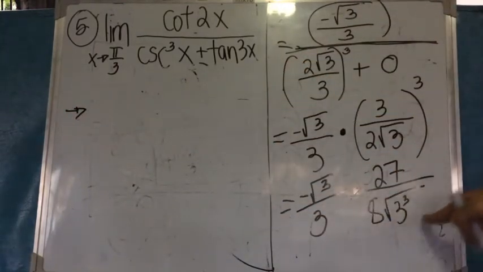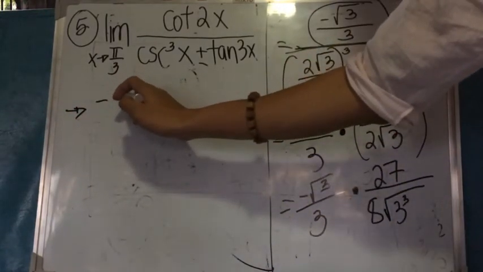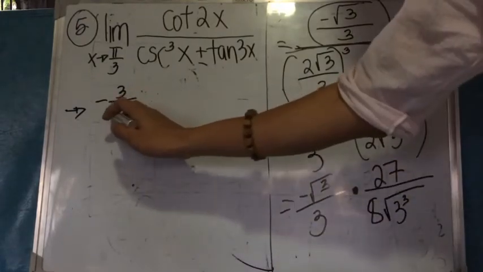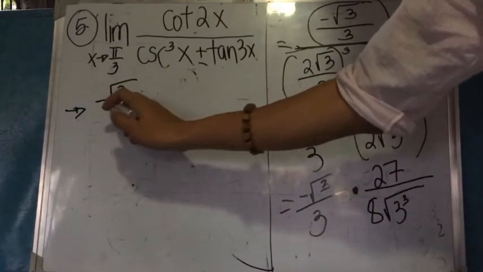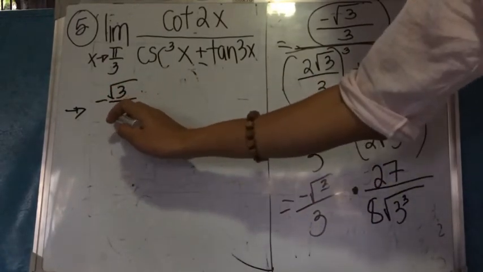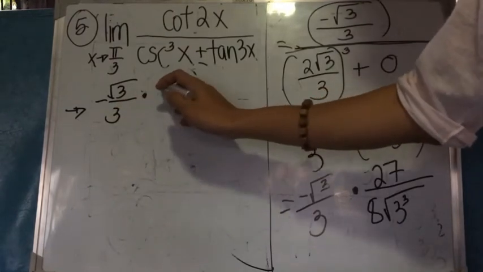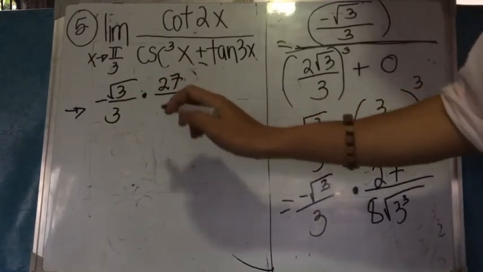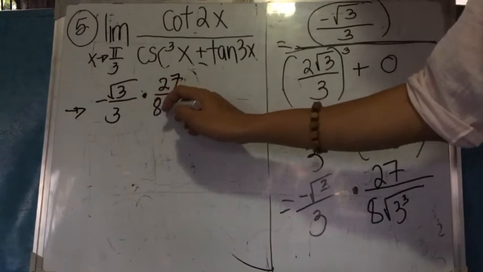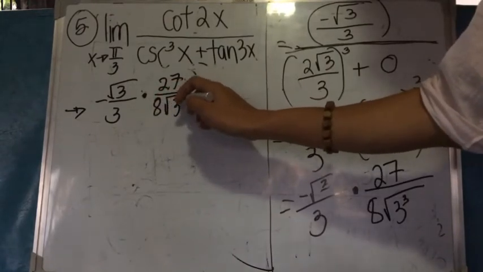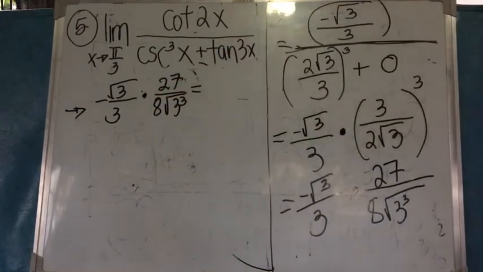Let's write this one. That is negative 3 over square root of 3 over 3 multiplied by 27 over 8 divided by 3 cube. So let's continue simplifying that part.